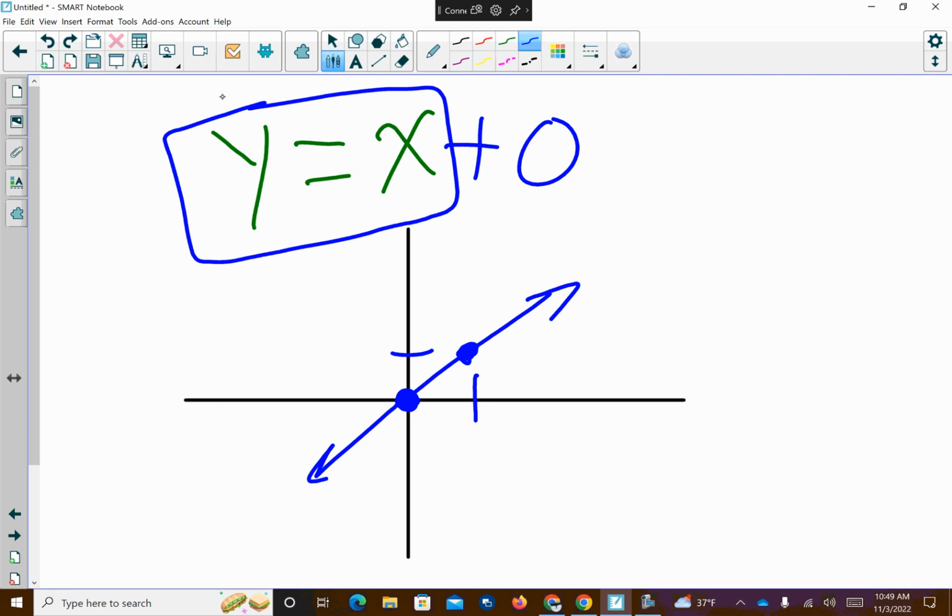Why does it mess people up? Well, I'm missing this part. If there's nothing there, nothing in math is 0. Okay?